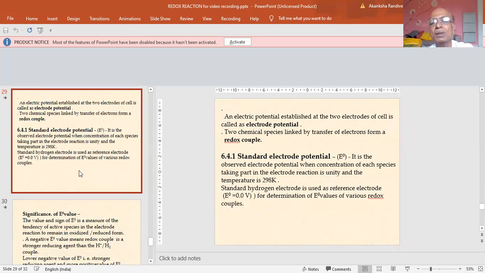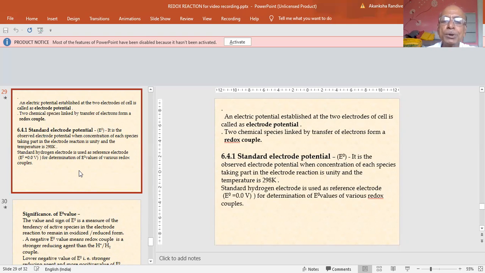Now, the electric potential established at the two electrodes of a cell is called the electrode potential. The two chemical species are linked by transfer of electrons in a redox couple. Now, the standard electrode potential. What is standard electrode potential? It is represented by E0.